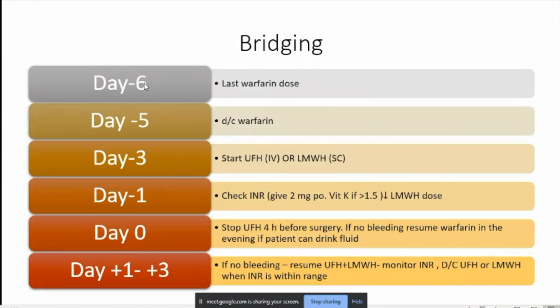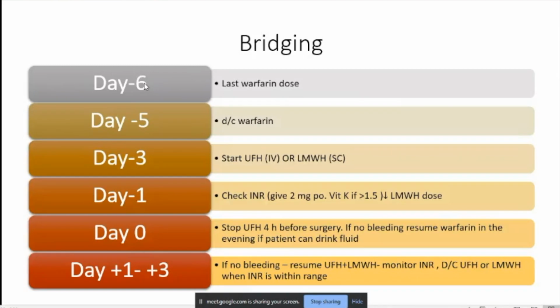One thing you have to notice here, we cannot discontinue unfractionated and low molecular weight heparin just like that. That's the importance of bridging. If you're resuming the patient on warfarin, we have literally brought the INR down very significantly low, so the risk of thrombosis can be high if we just resume the warfarin.